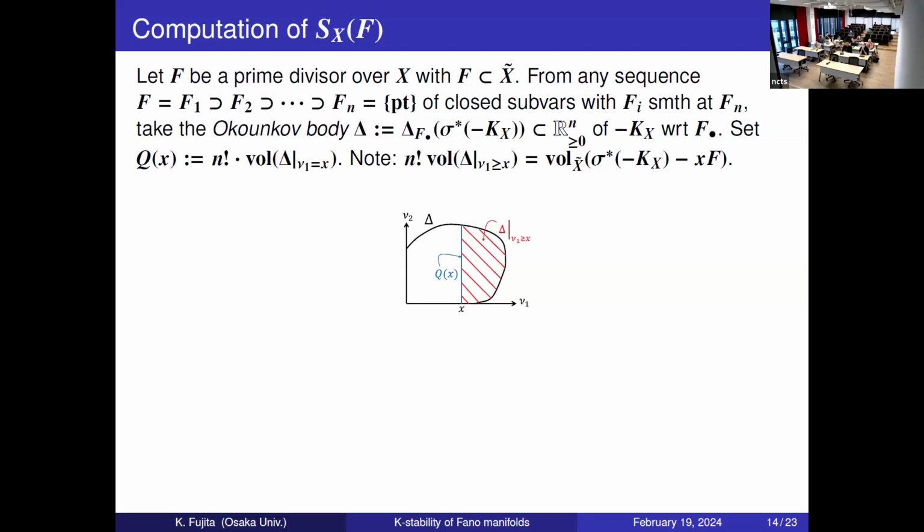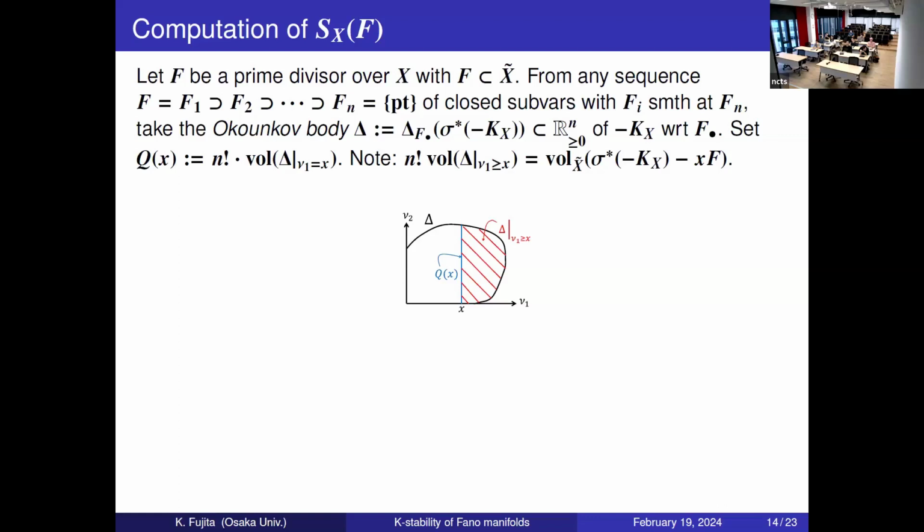Moreover, the volume of minus K vanishing along F at least x times is n factorial times the volume of the set of the Okounkov body where the first coordinate is bigger than x. So this red area, the volume is nothing but this volume.